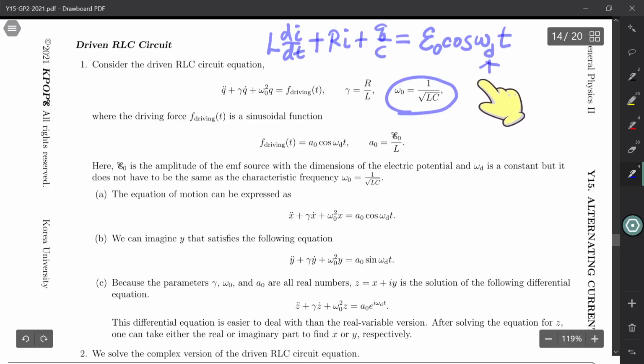That stands for the driving force, driving frequency, driving angular frequency.